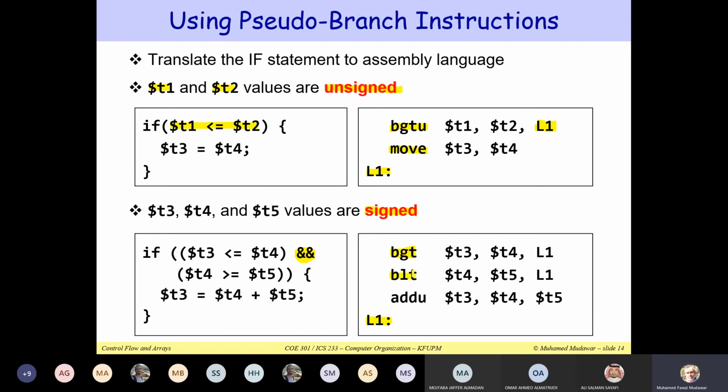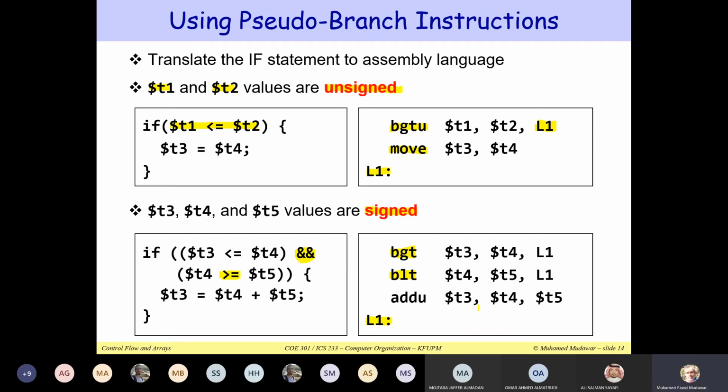Here I use the branch less than, which is not less than or equal. So if this is false, we branch outside, and then we add T4 plus T5 and place the result in T3. So it's all about logic here and understanding how to use the correct branch instructions to translate the Boolean expressions that exist inside the if statement.